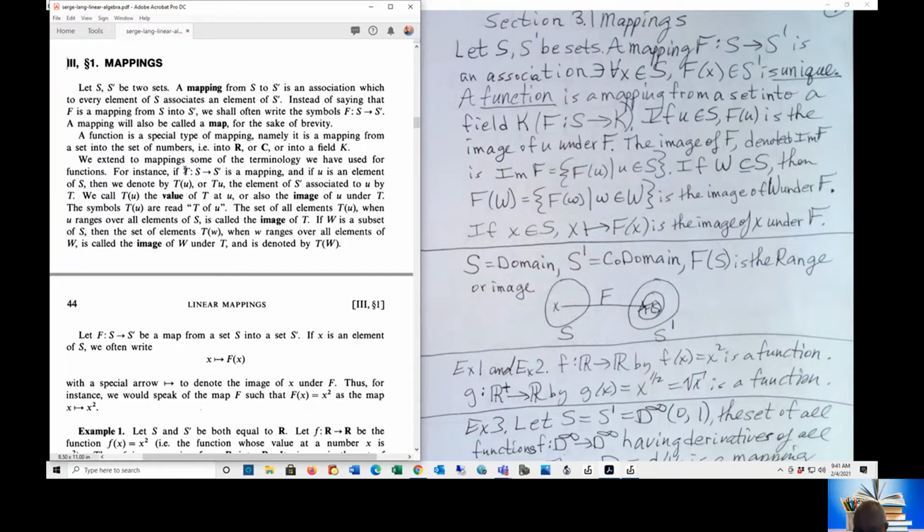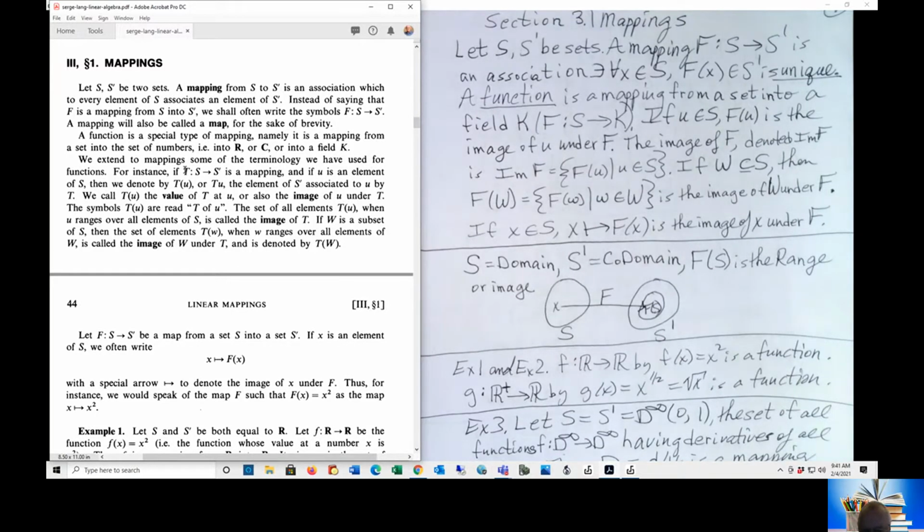As notation, whenever x is in set S, x with the vertical bar and arrow to f of x also denotes the image of x under f.